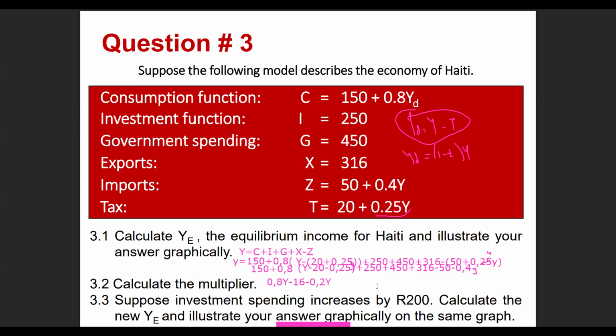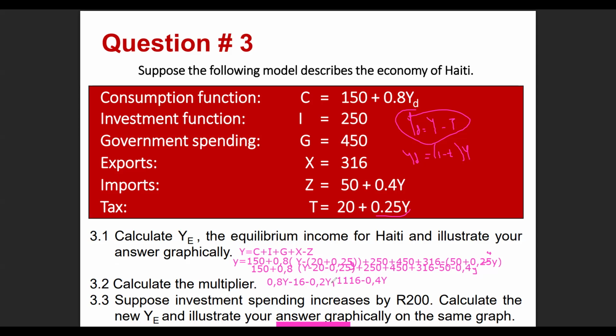And then we're going to group the like terms. 150 plus 250 plus 450 plus 316 minus 50, we're going to get 1116 minus 0.4Y.